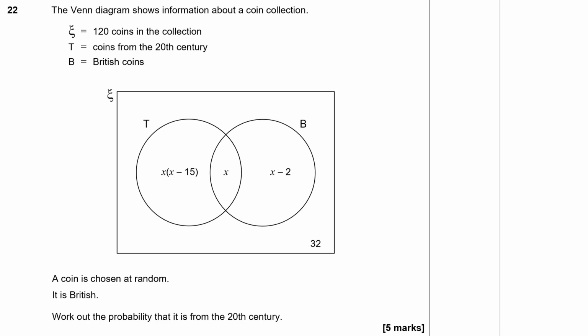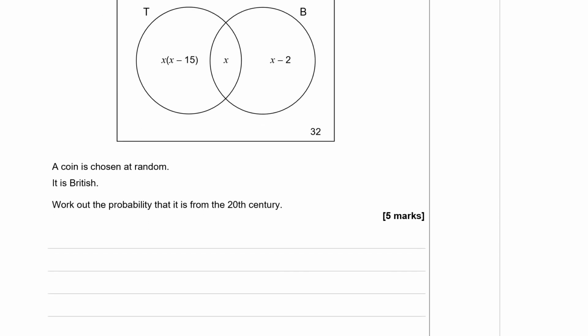Before we do that, I think we need to evaluate all these different parts of the diagram. We know the overall number in the universal set is 120, so we can form an equation in x and solve it first in order to work out what the actual numbers are in each of the sections of the Venn diagram. So let's do that first.